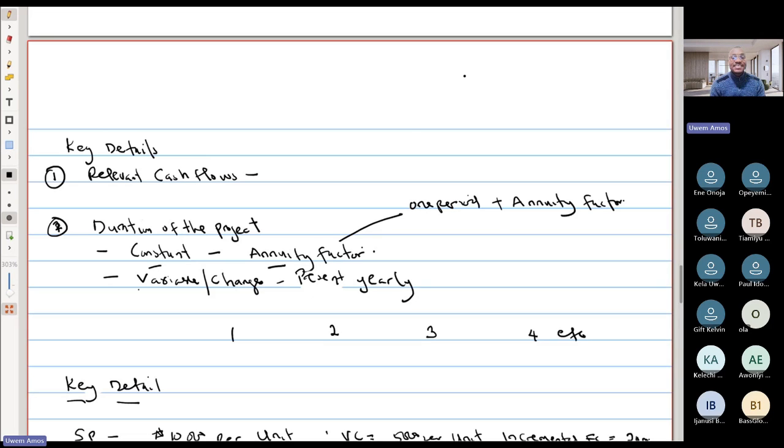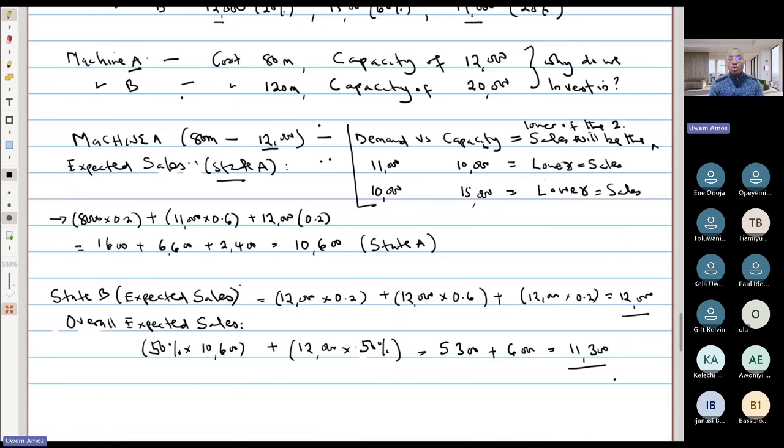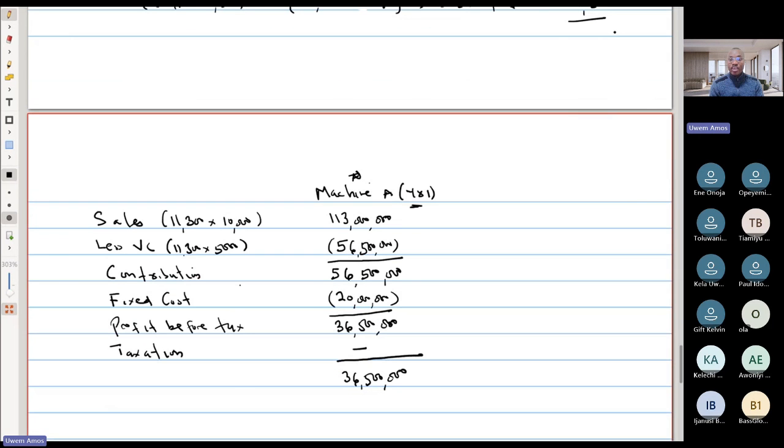But if it changes every year, in other words, the sales in year one will be different from year two, the variable cost in year one will be different from year two, and so on, we're going to do this same calculation for year two, year three, year four, etc. But because ours is fixed, we don't have to do that.